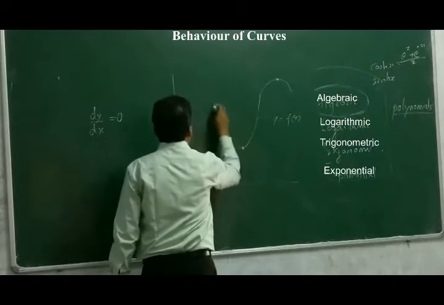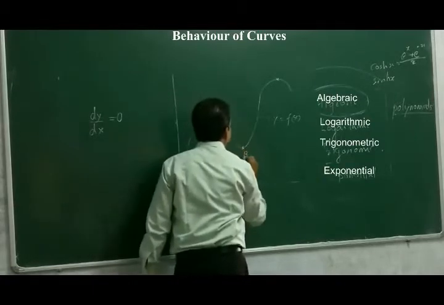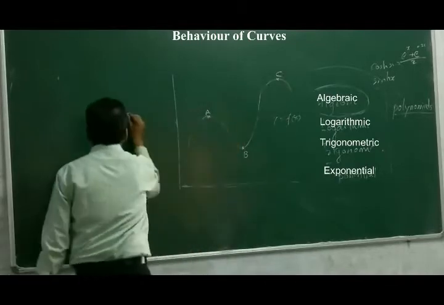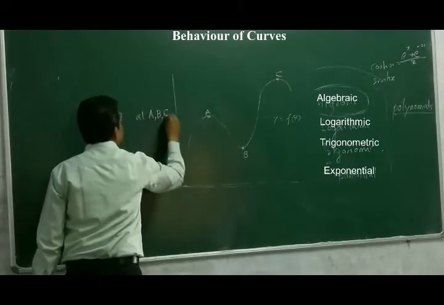At point A, point B, and point C, dy by dx equal to 0.